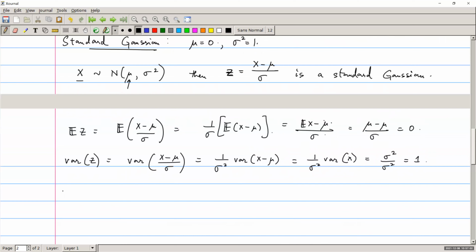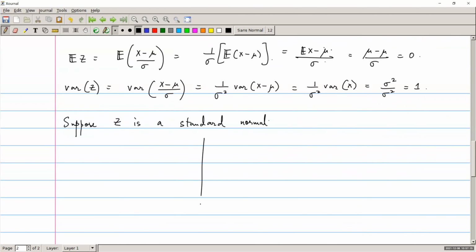So suppose Z is a standard normal. In engineering, whenever you're working with Gaussians, you'll have all these integrals that we do not know how to compute.